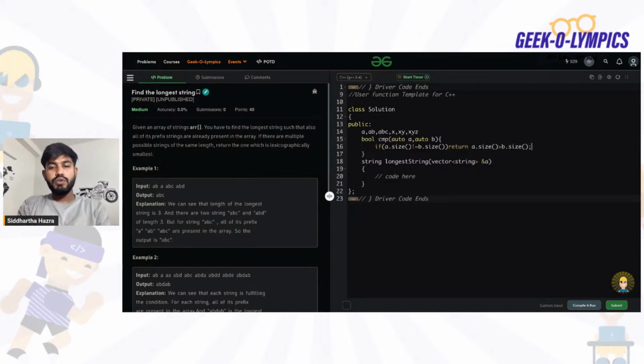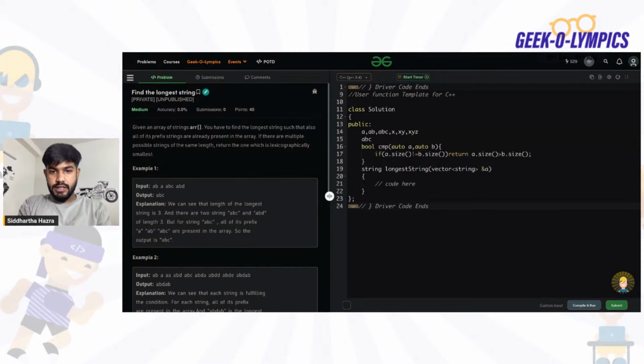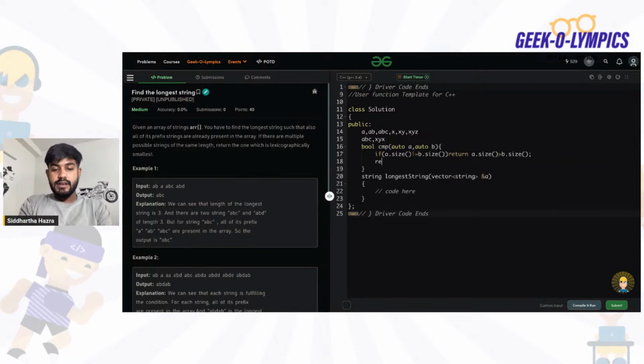This would now put ABC and XYZ first. The one with the larger size comes ahead. Larger sizes come first. Else, we would return A is less than B.